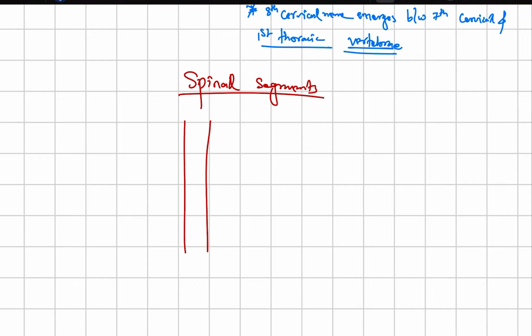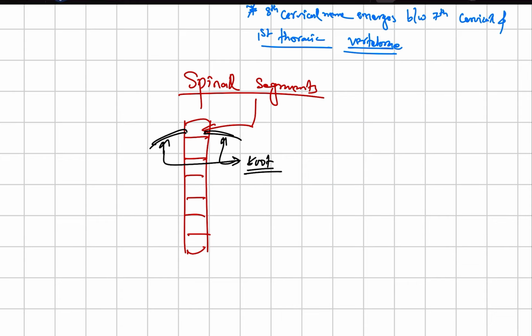This is a spinal cord, and it is divided in this way. These are the segments, and from here the roots go outgoing from the segments, going outside or inside.